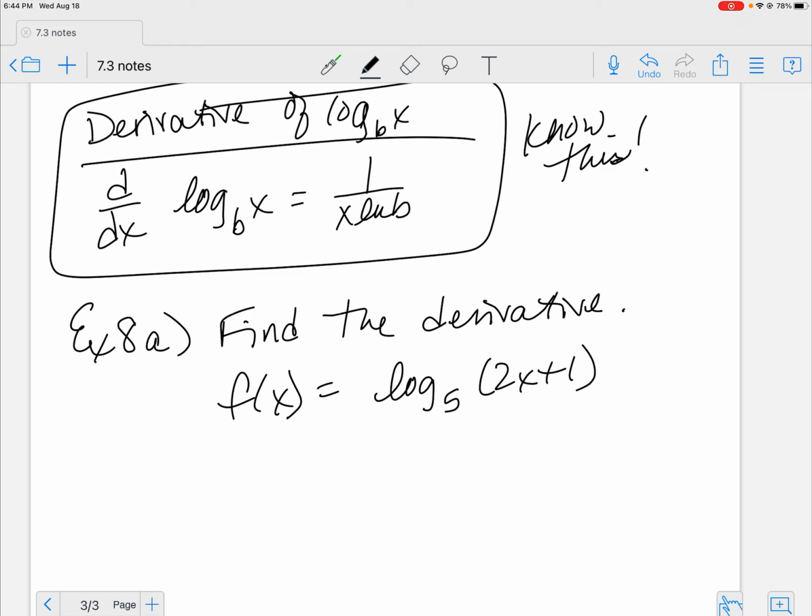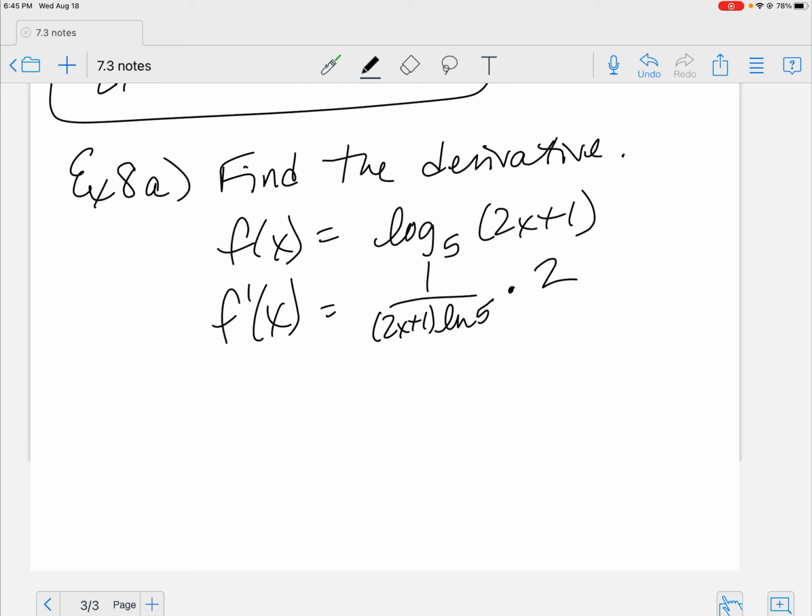Okay, so let's do it right now. My derivative is 1 over the inside, in this instance 2x plus 1, times the natural log of my base. However, because my inside function requires the chain rule, I need to multiply that by 2 because the derivative of 2x plus 1 is 2.